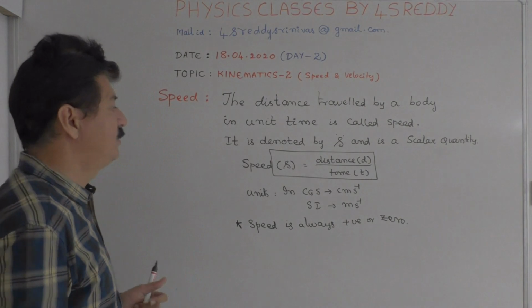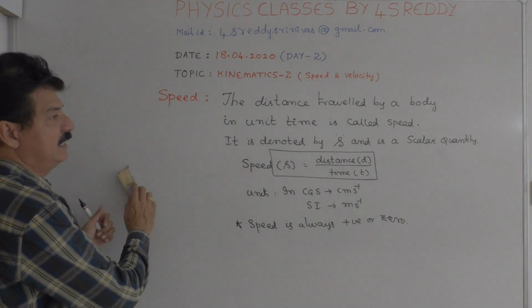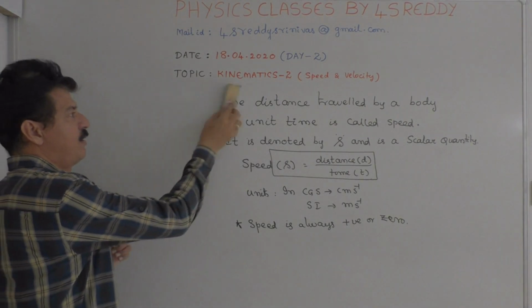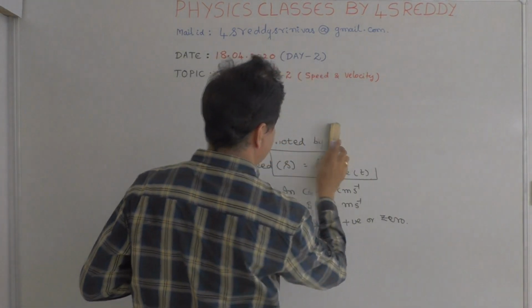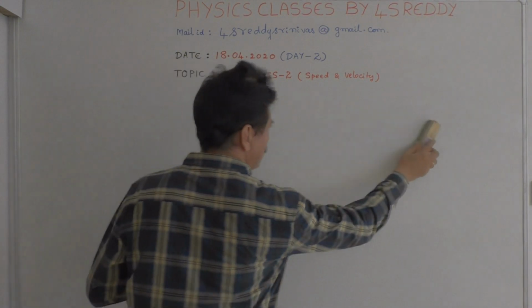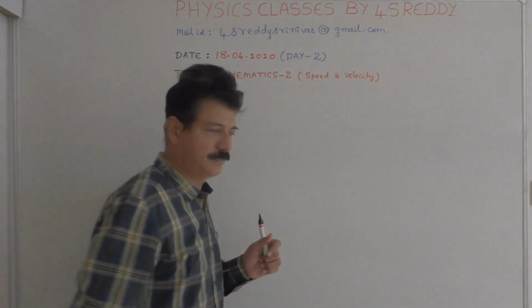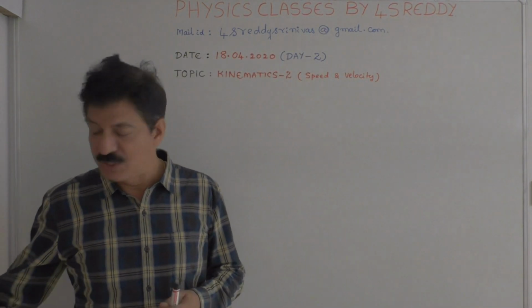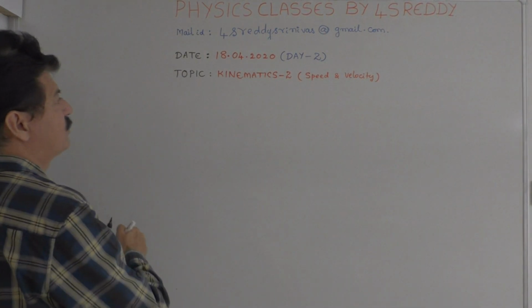Then come to the other one. What are the different types of speeds? Next one is types of speed.